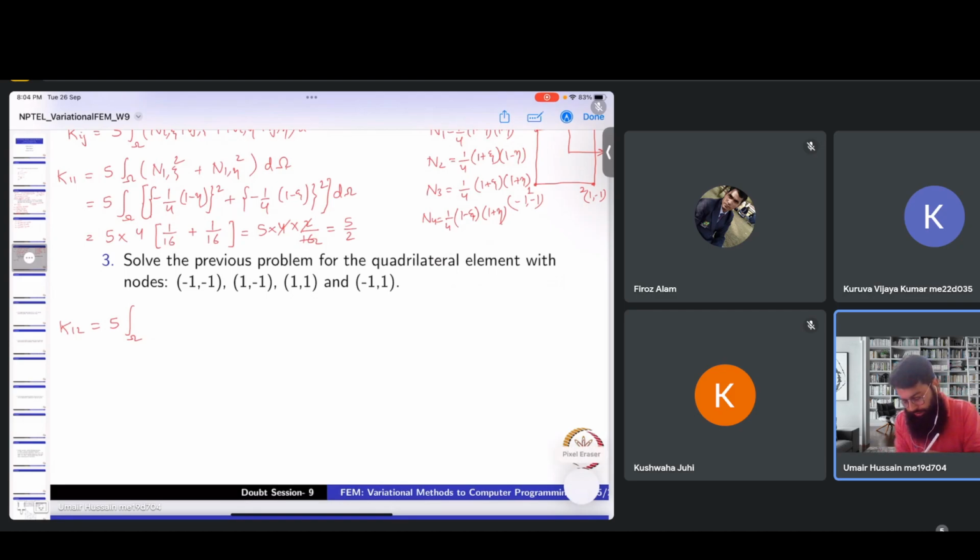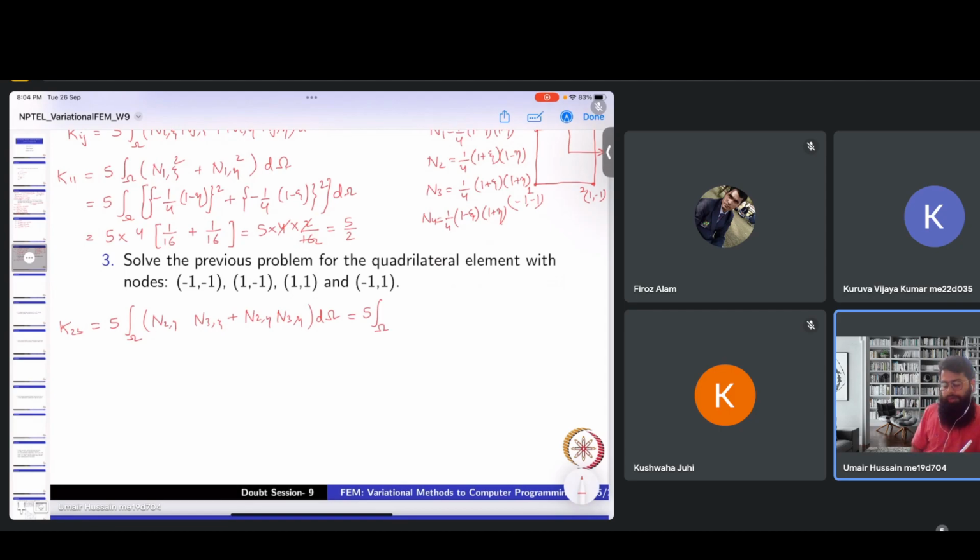So let's do k23 this time. So n2 comma xi multiplied by n3 comma xi, plus n2 comma eta into n3 comma eta. So what do we have here?